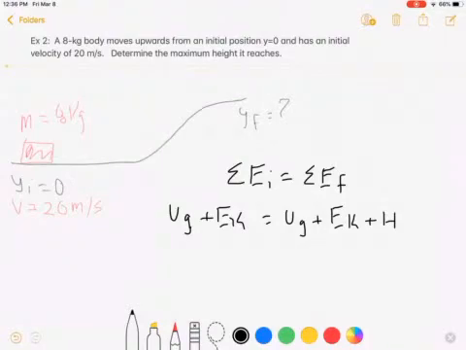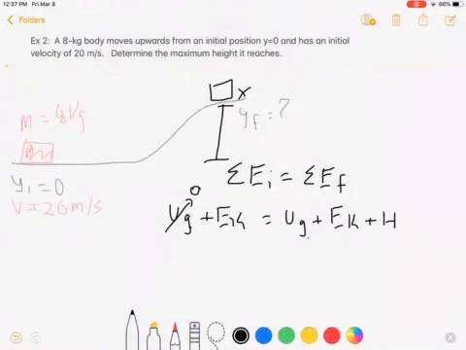Initially our object is on the ground, right? When it's on the ground at a height of 0, it has no potential energy. It does, however, have a velocity, so it will have kinetic energy. Later, at the top of its path, it's going to be some height from the ground, h, so we know it will have potential energy.